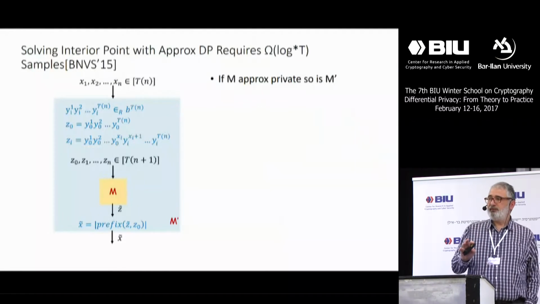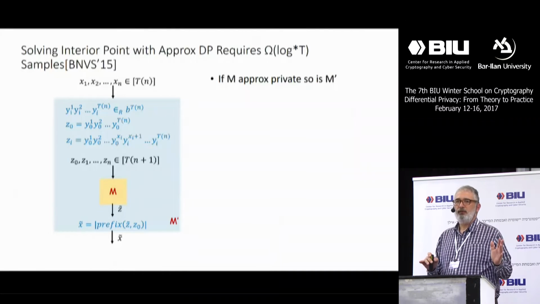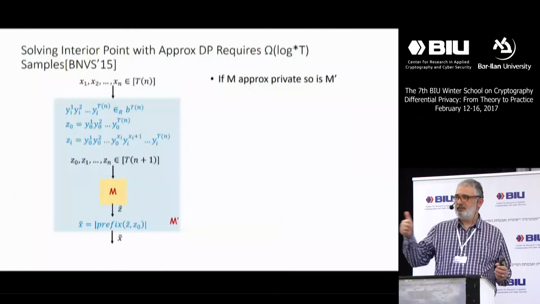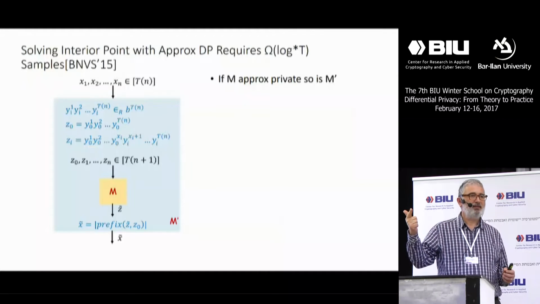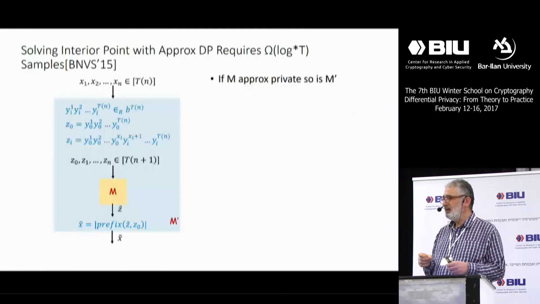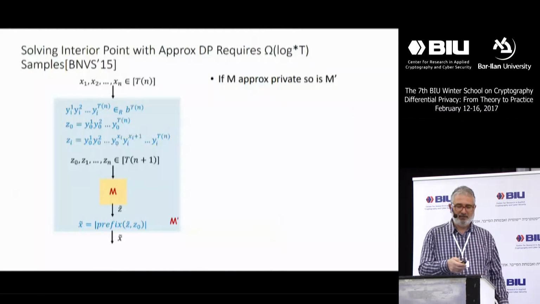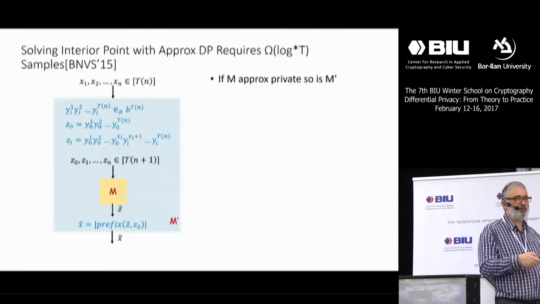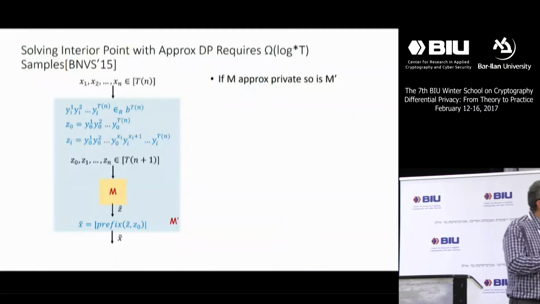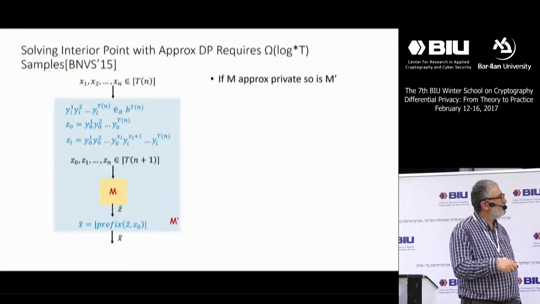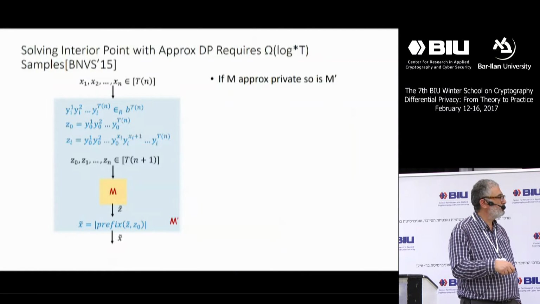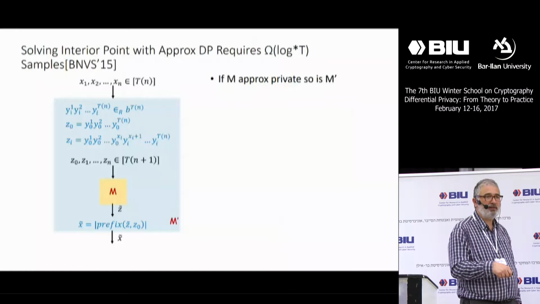So I need to prove two things. What are the two things I need to prove? Privacy and accuracy, as usual. Privacy is extremely easy to prove because we're just post-processing. We're operating on each input separately. We're transforming each input into a different input, pushing it through M, and then post-processing it.